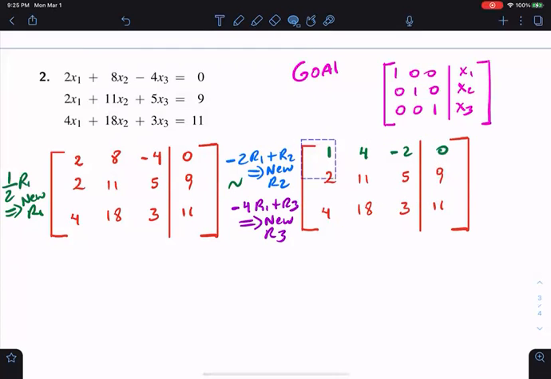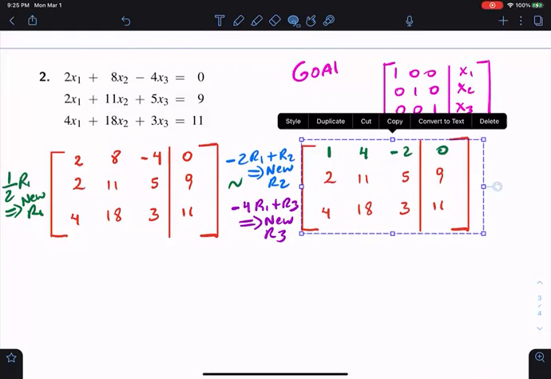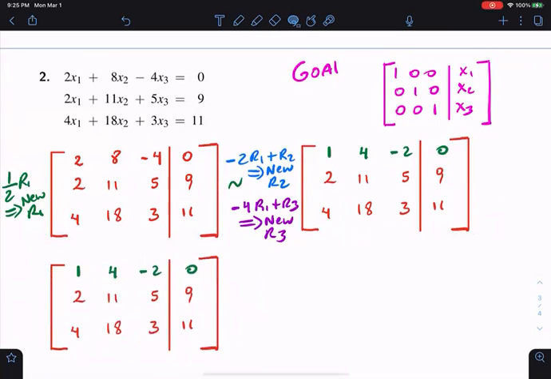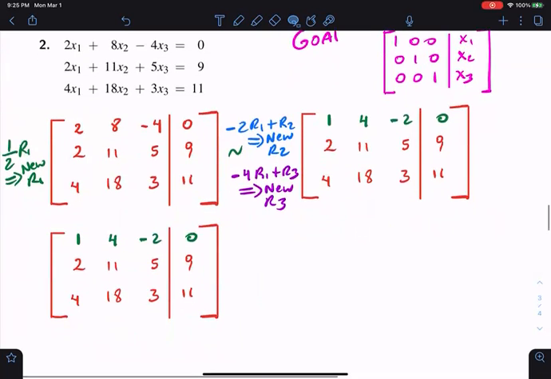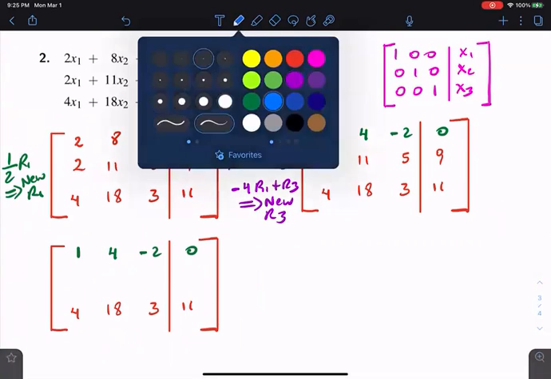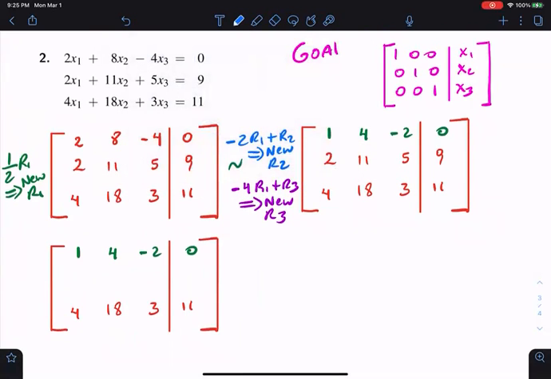So let me fix this for you. So this is copy and this is paste, right? And so let's take care of the second row first. Everything on the second row will change. Everything else remains fixed. So for the second row, I need to multiply -2 row 1 plus row 2.